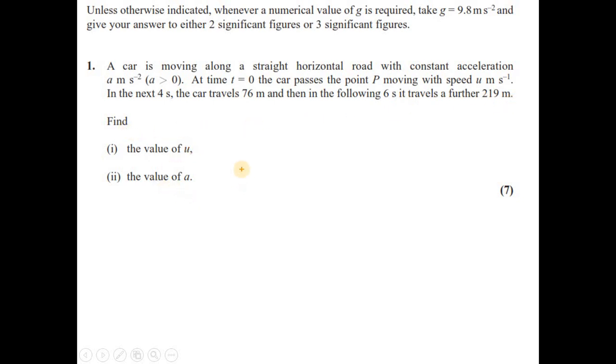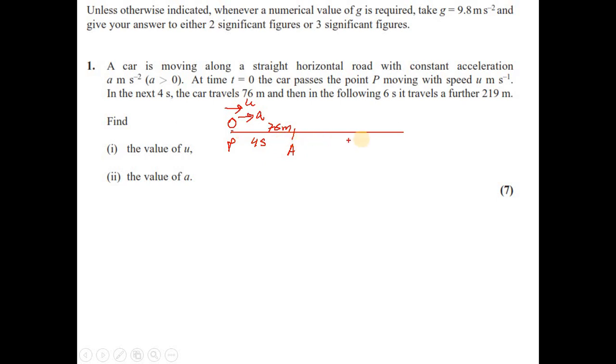So the situation is, you have a car traveling on a straight road. At t equal to 0, this is the point P where the car is traveling with velocity u and has an acceleration of a meters per second squared. After 4 seconds the car travels to, let's suppose, the point A, and this distance is 76 meters.